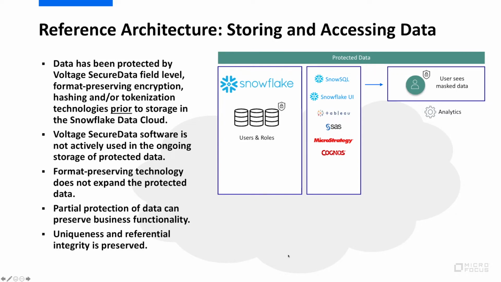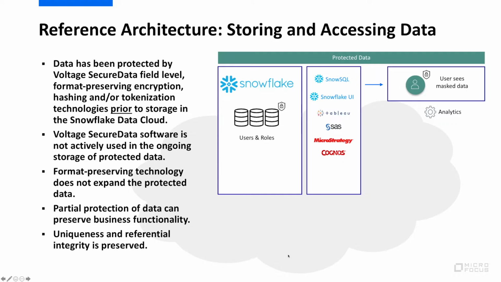So the benefits of format preservation, keeping the data in the same length, the benefits of being able to do partial protection of data can extend the life of this data for analytic purposes without decrypting or detokenizing the data.